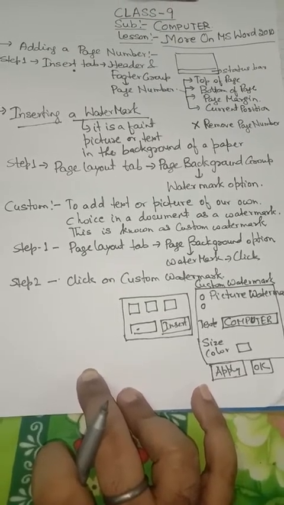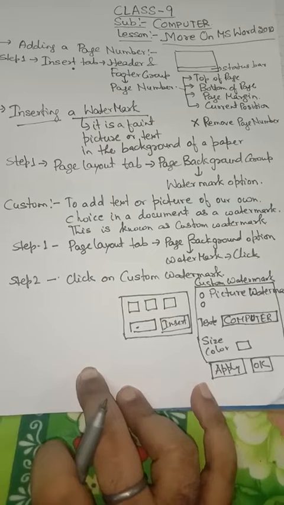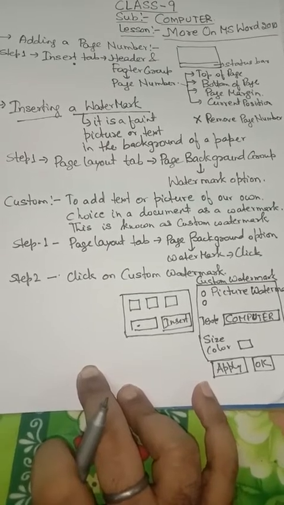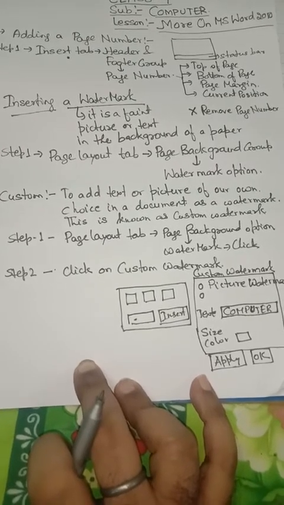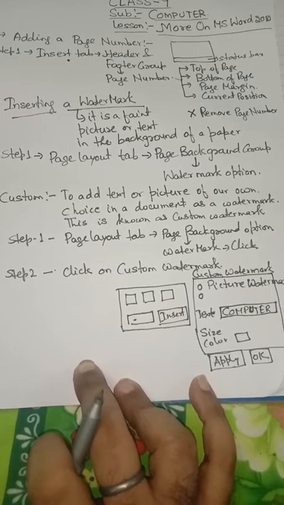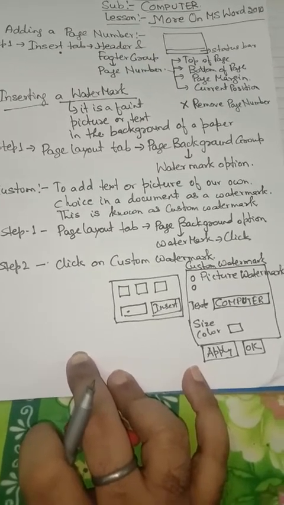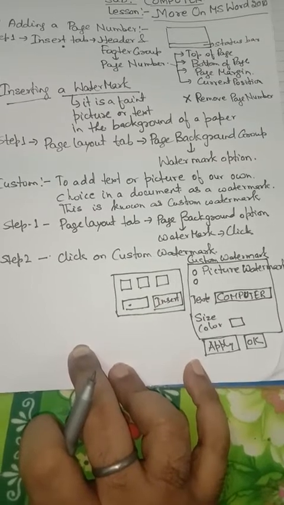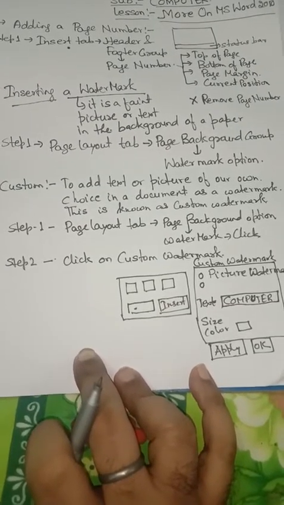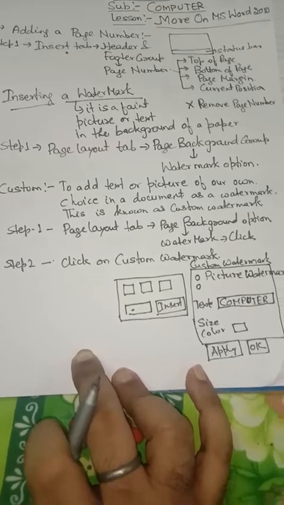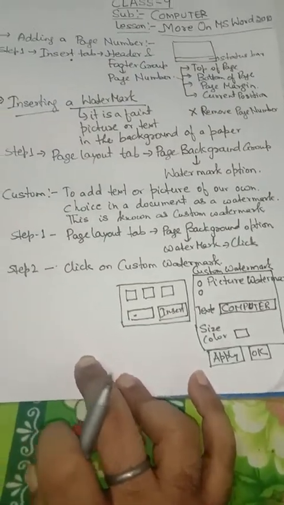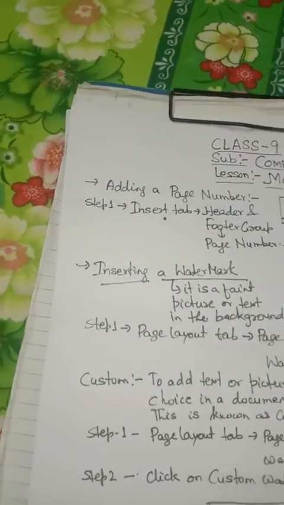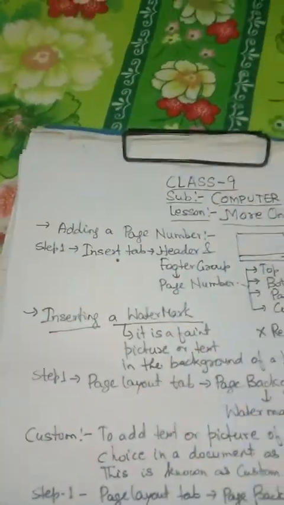We can insert a watermark of our own text, and we can also insert a picture watermark at the back of our document. Now the next topic that we are going to discuss is adding a page border. How can we add a page border in our document?